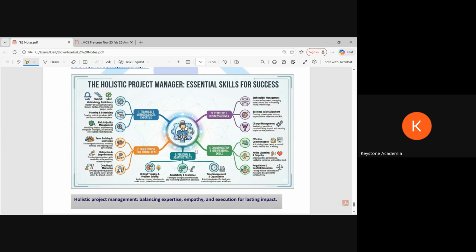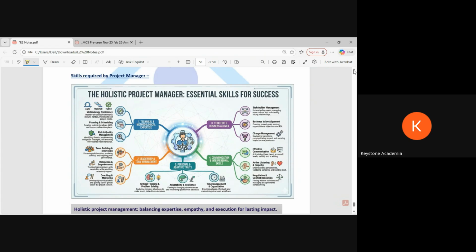What do you guys think? Which one is the top skill according to you? Or maybe you can think in our scenario, which one is the most important skill? Communication and leadership are the 2 skills actually which are required at our position.